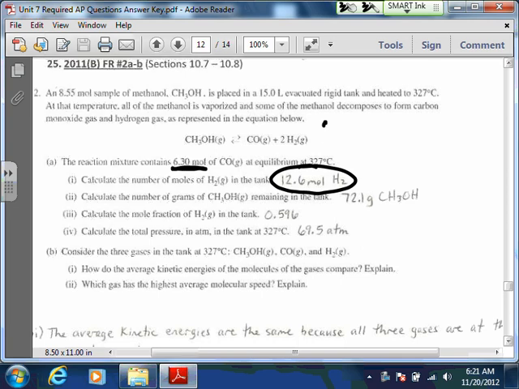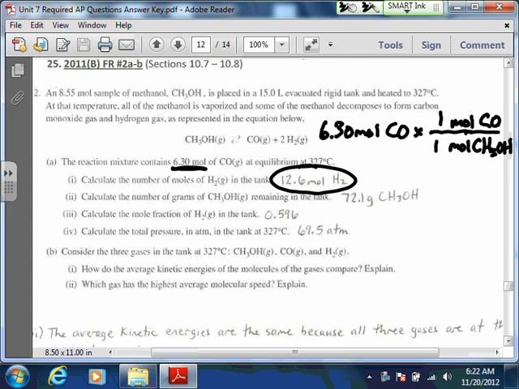So you'd start with your 6.30 moles of CO, and then you figure out how many moles of CH3OH would need to be used in order to create that many moles of CO. This is in the stoichiometry here, and it's a 1-to-1 ratio. So 6.30 moles of CH3OH.